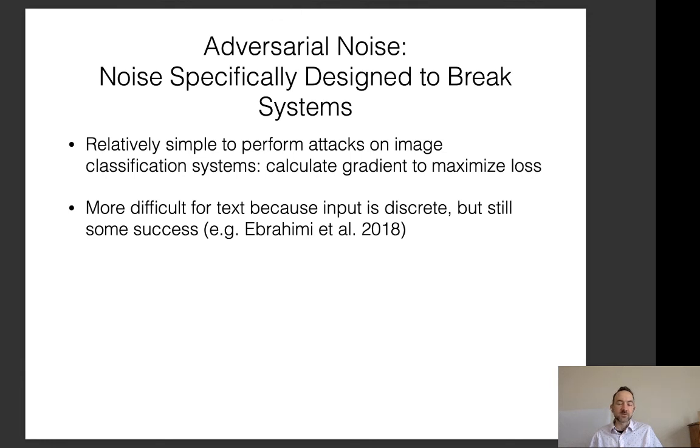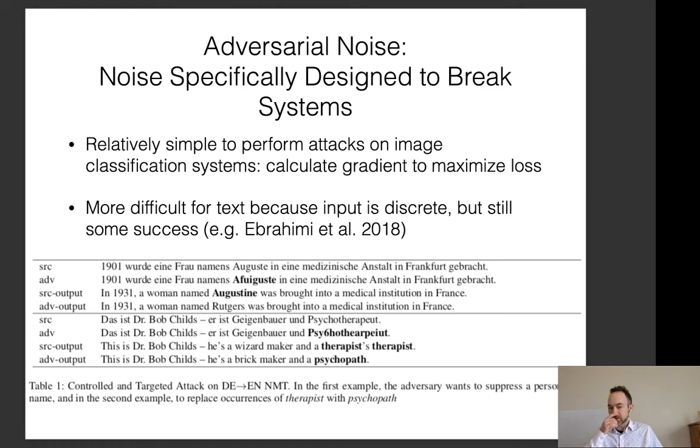However, for text, it's a little bit more difficult to do perturbations because text is a discrete format. So if you change it, it's visible to the human eye. But for example, in this source, we have Augusta being a word in the source, but if you add just a few letters to this word, it changes Augustine to Rutgers, so it completely changes the meaning of the output.